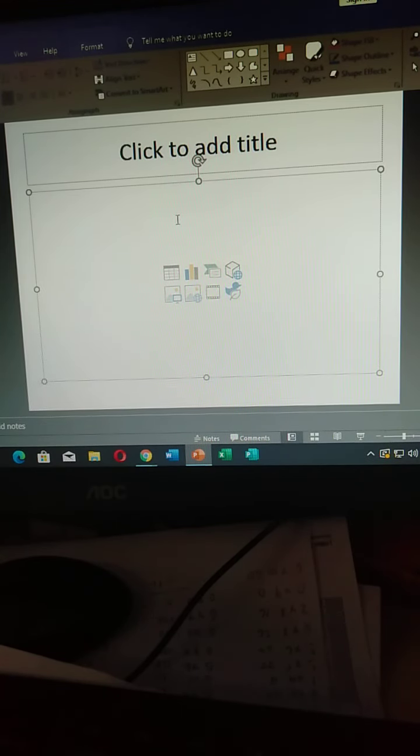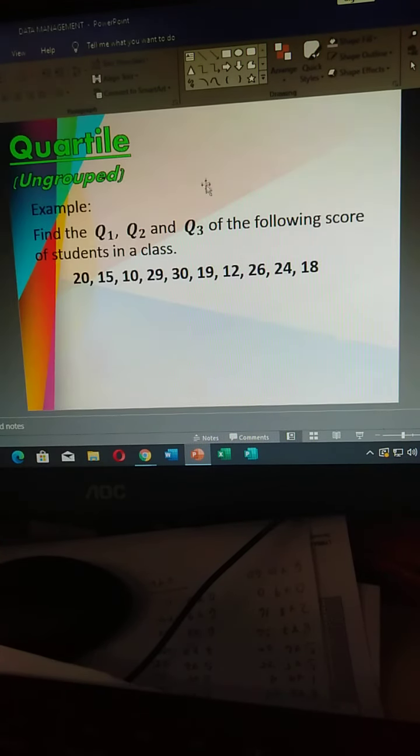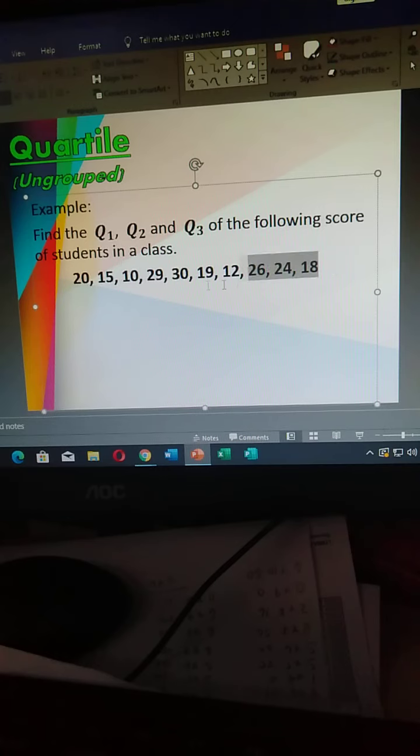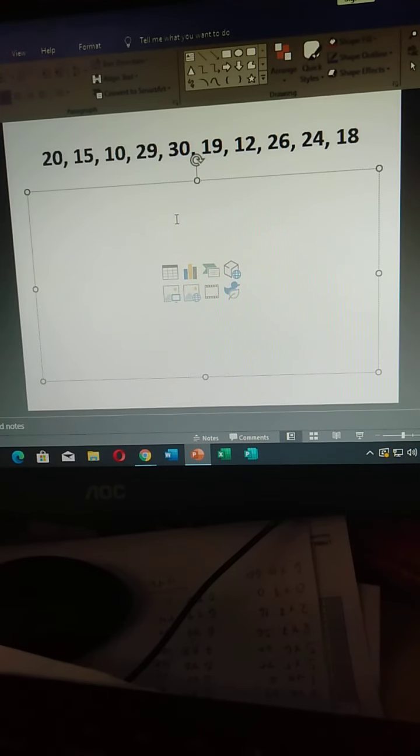Arrange in what? Arrange in ascending order or descending order. Mahala kayo. Okay, so suppose let's arrange first into ascending order. So this is our data. I will just copy the data para mas mabilis. Ayan, this is our data. First, let's arrange the data into ascending order.